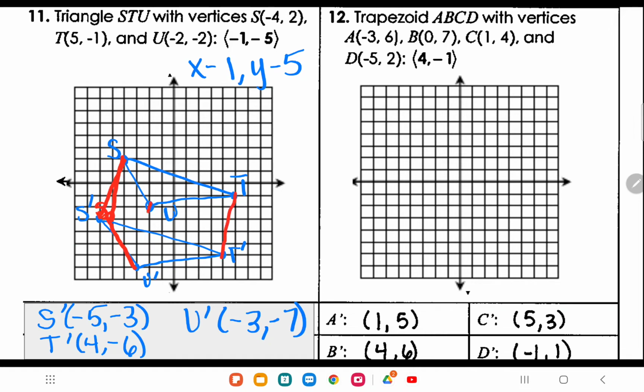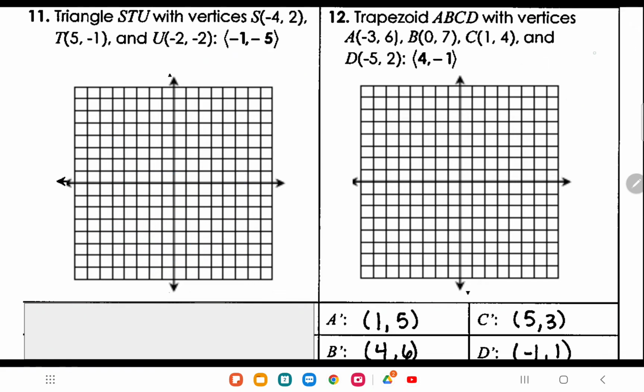And the rest of these all have that vector of ⟨-1, -5⟩. So we'll check that out. This is where S prime should be, not at this point. You can try doing trapezoid ABCD on your own and see that it does translate according to that vector. Okay.